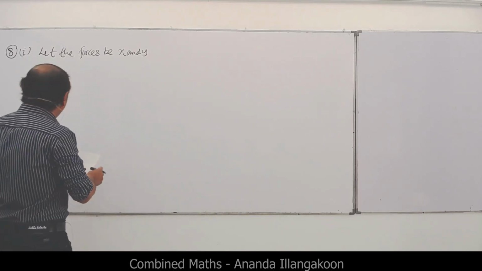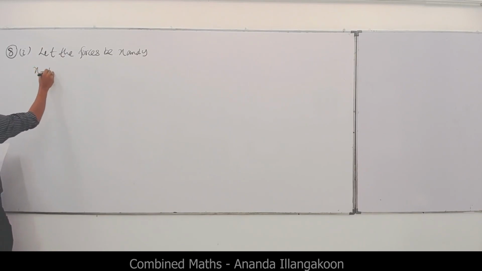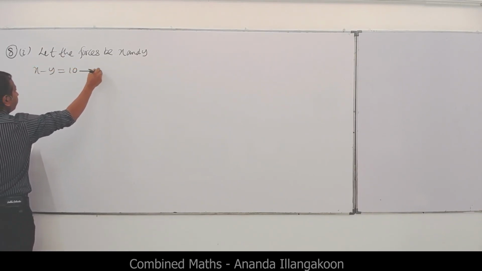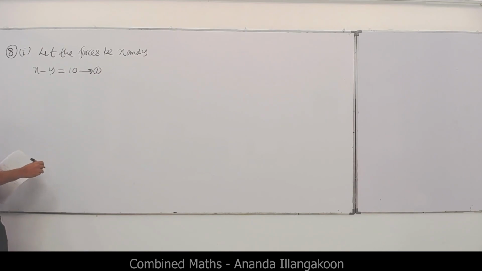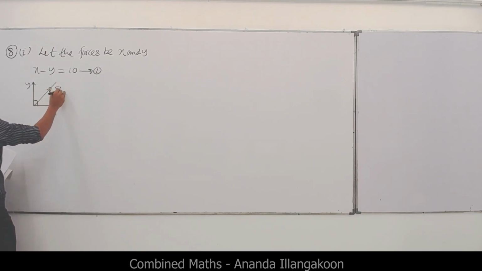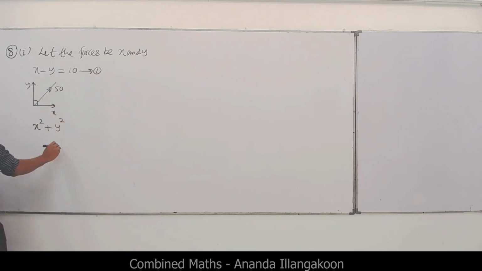Right. So then we can write x minus y is 10, number 1. When the two forces are perpendicular to each other, the resultant is given as 50 newtons. You know, when two forces are perpendicular, the square of the resultant is going to be x squared plus y squared.